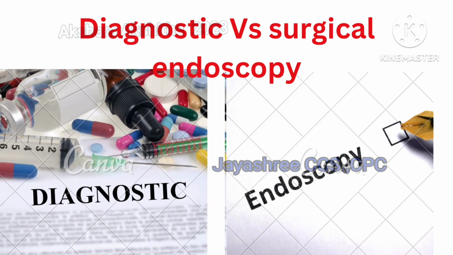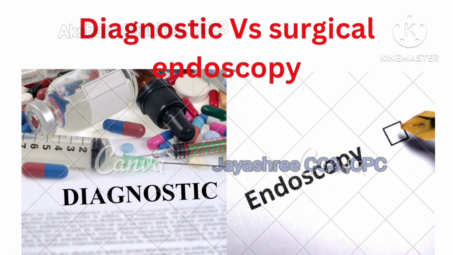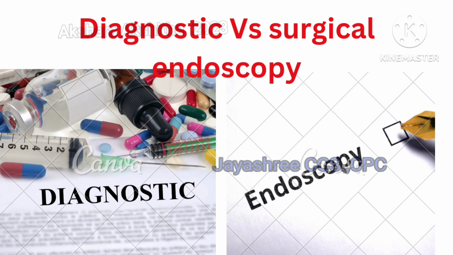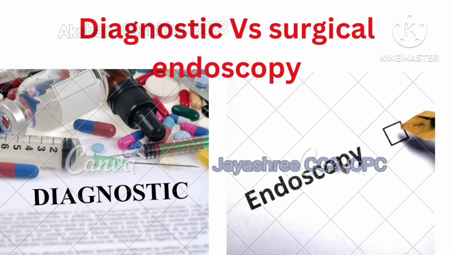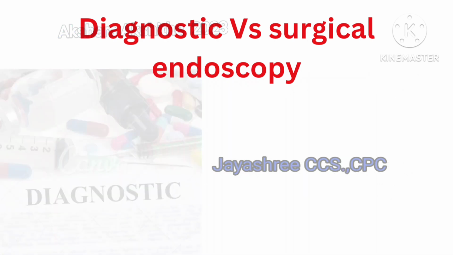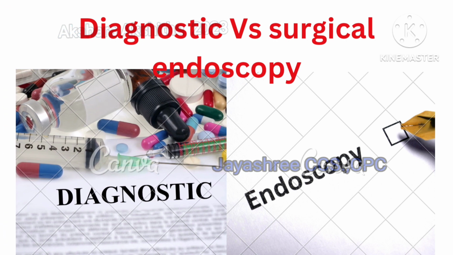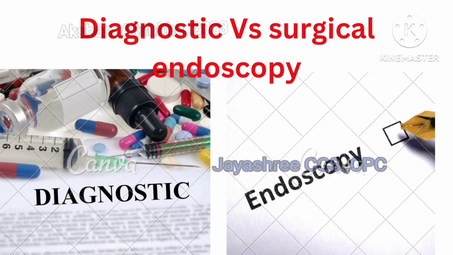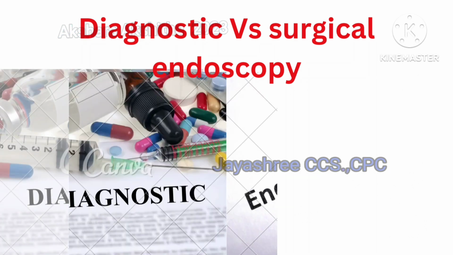Diagnostic is always included in the surgical endoscopy, because before doing the surgical endoscopy, the doctor may perform diagnostic endoscopy to access the surgical site. For that reason we cannot code diagnostic endoscopy separately with the surgical endoscopy.